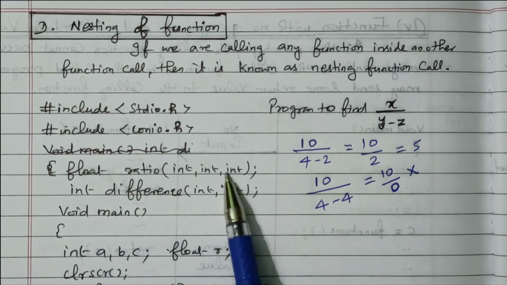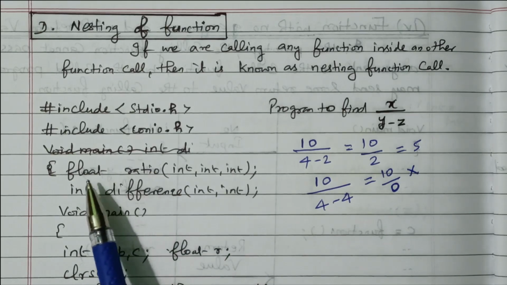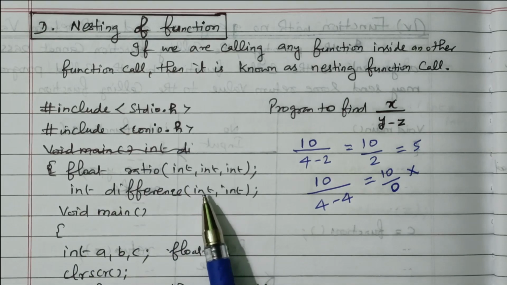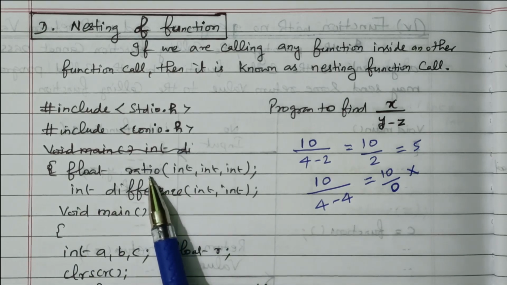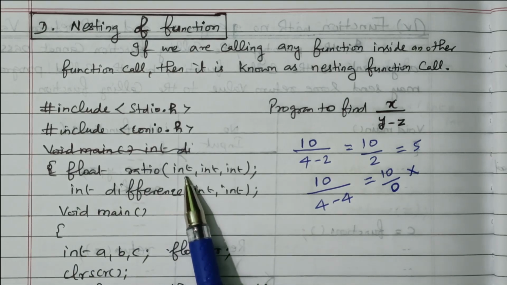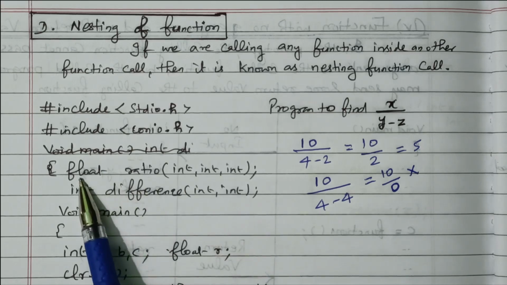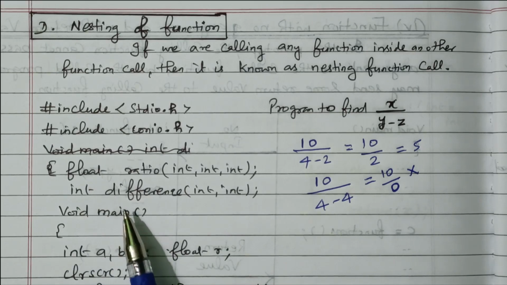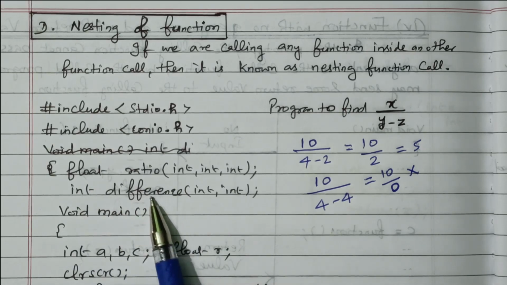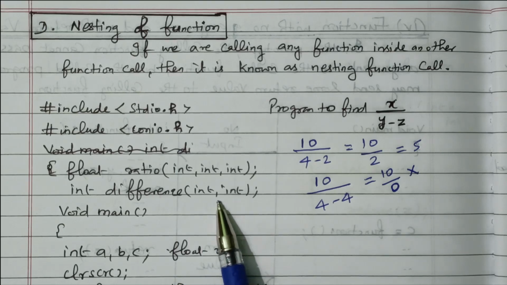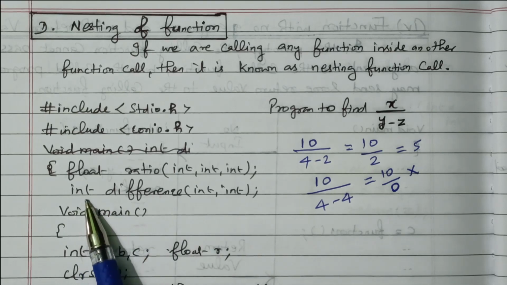So it will give the detail about the function: function name, what is the return type, and what are the types of data we are passing. So the function name ratio, it is passed with 3 integer data types. That function will return floating point data type. And one more function is there, difference. Function name is difference. We are passing 2 variables, and it will return the integer variable as a return type.